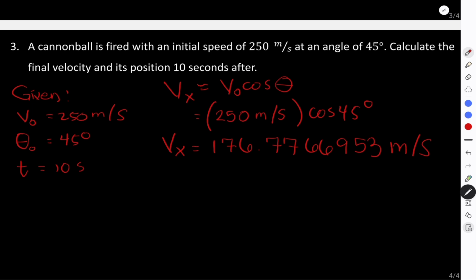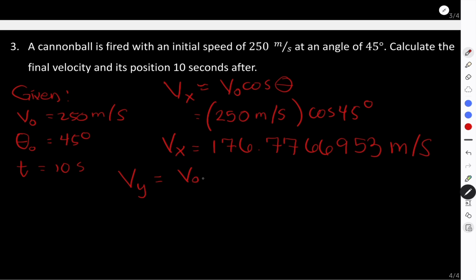Now proceed to the final velocity in y component, in which our formula is initial velocity in y component minus gravity times time. And it's just the same, since we don't have our calculation for the initial velocity y component.